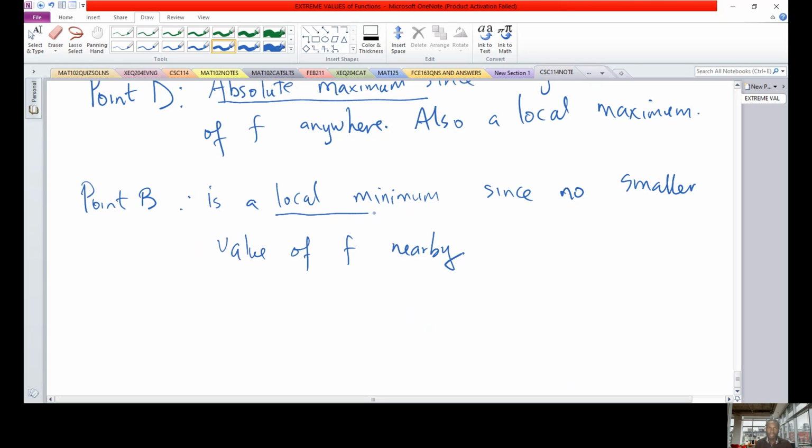So it's a local minimum but not an absolute minimum because there's another value of the function which is less than that value at point B. But it's a local minimum because around the neighborhood of point B, there is no other value lower than what we have at B. So that is what we have.